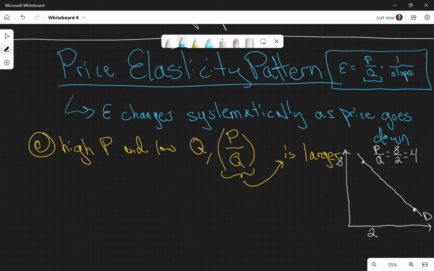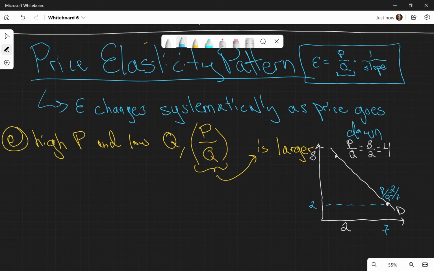over Q. And so this same P over Q, when we're at a point like here, which is 3, 4, 5, 6, 7, and 2, right? That same P over Q down here is going to be what? 2 over 7, which is, what is that, like 0.2 something, right? It's low. It's less than 1. It's much less than 1.